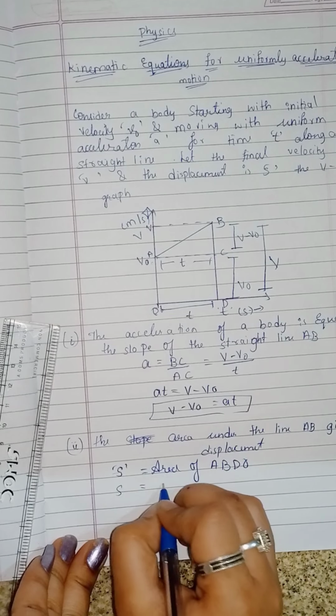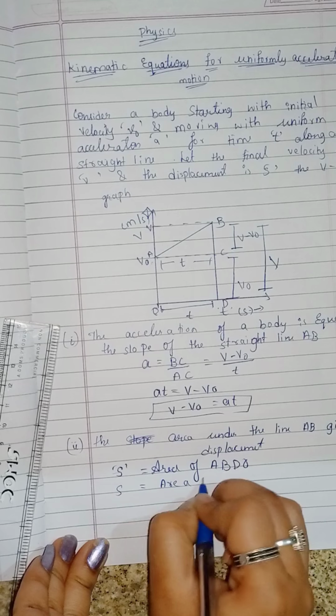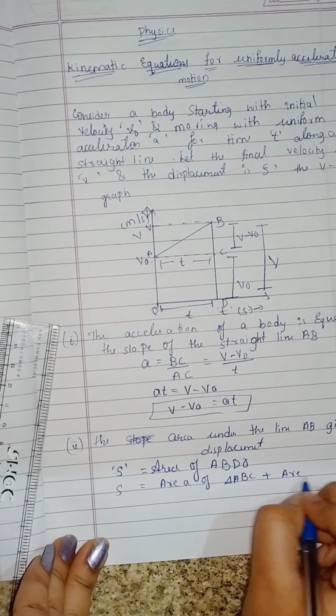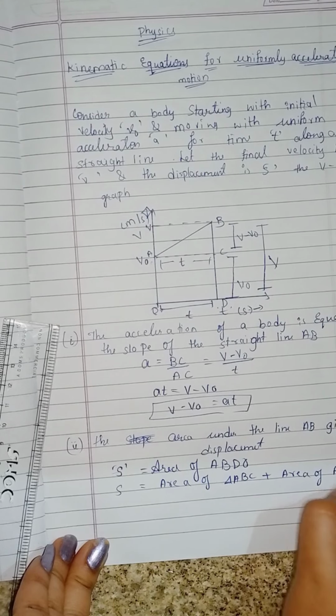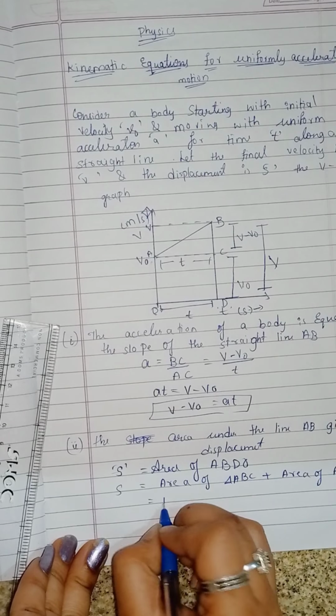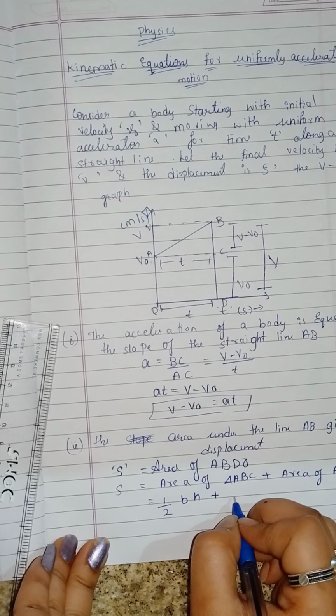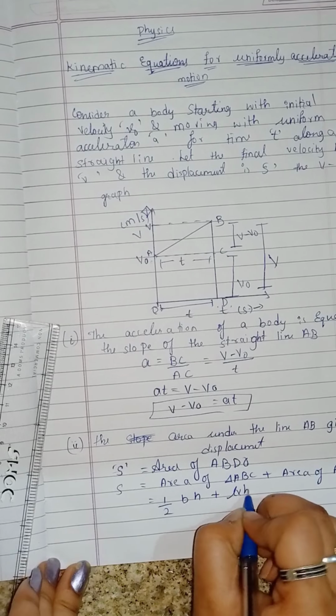So the area of ABDO is the area of triangle ABC plus the area of ACDO. Area of a triangle is half base into height, plus the area of ACDO is length into breadth.